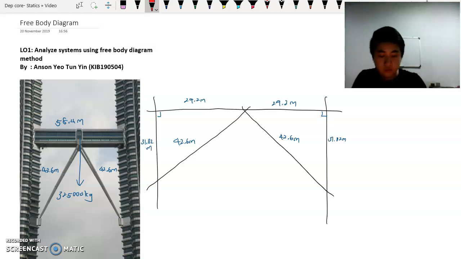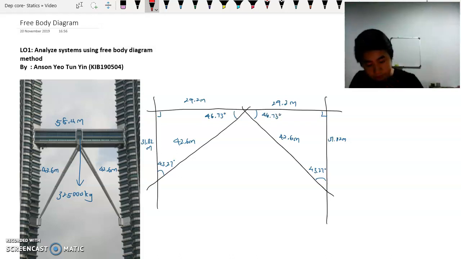Also, since we have the three lengths of the triangle, we're able to get the angles over here and here. Over here it's about 46.73, and over here is 43.27, 43.27 and 46.73.